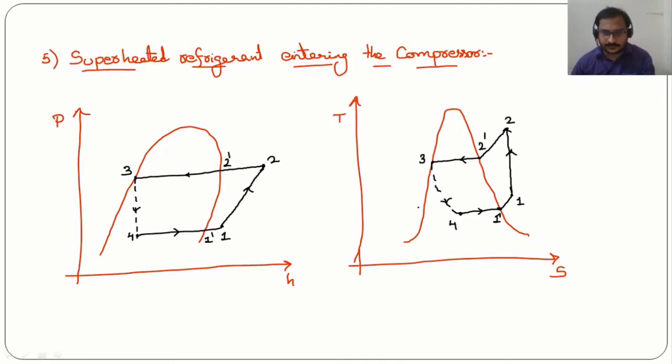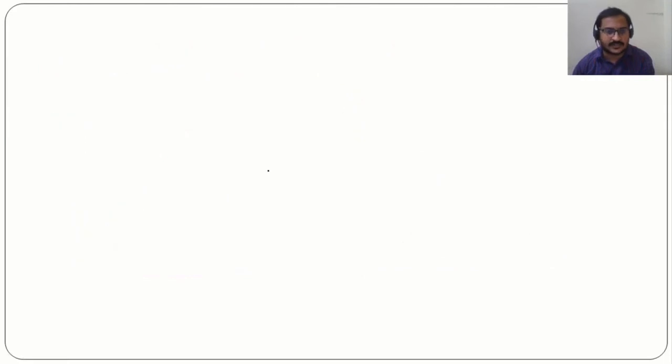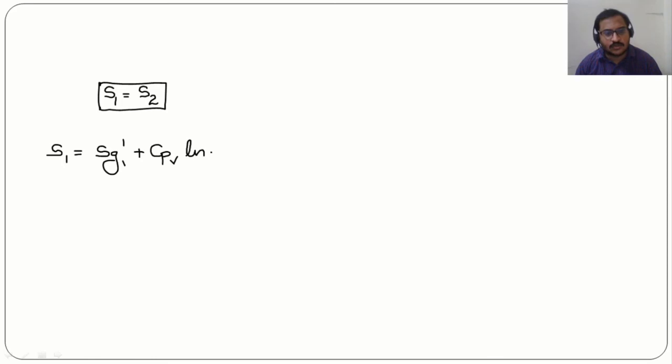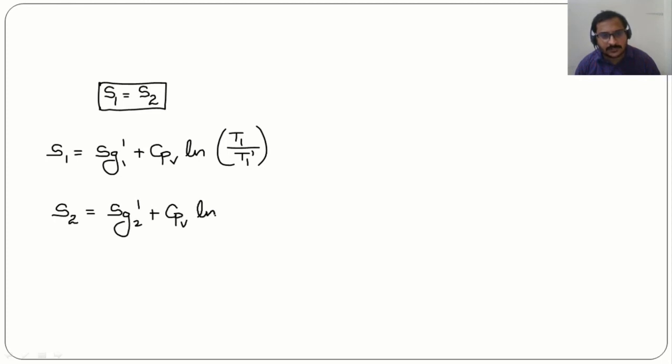Now if you observe, the entry condition and exit condition are both superheated, so the question will give only one superheated temperature. We have to determine the other by using the S1 equal to S2 condition. So S1 will be equal to Sg1' plus Cpv ln T1 by T1', where T1 is the superheated temperature and T1' is the saturation temperature. The second condition is also superheated, so S2 is equal to Sg2' plus Cpv ln T2 by T2'.